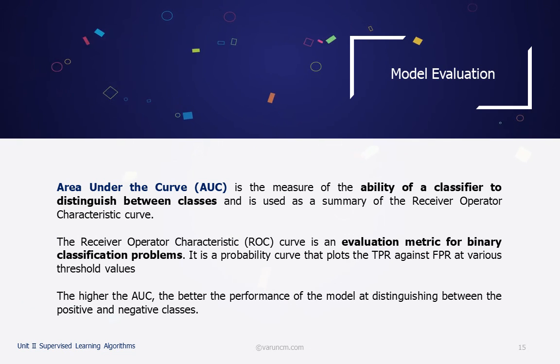The higher the AUC, the better the performance of the model at distinguishing between the positive and the negative class. So when the AUC is higher, the model will provide more accurate positive and negative classes.